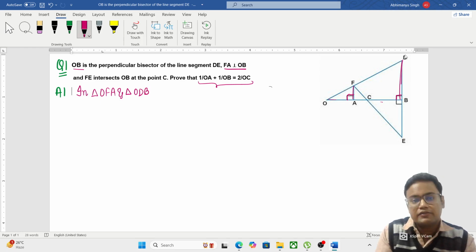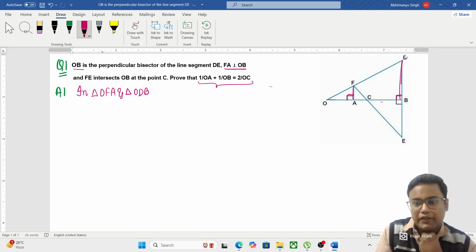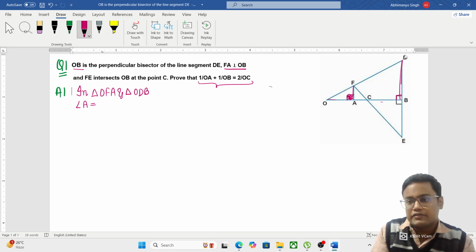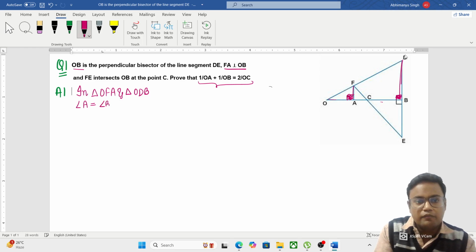By the means of similarity, I can say that angle A of OFA is equal to angle B of OBD, both 90 degrees each, followed by angle O, which is common between both the triangles. So angle O is equal to angle O.